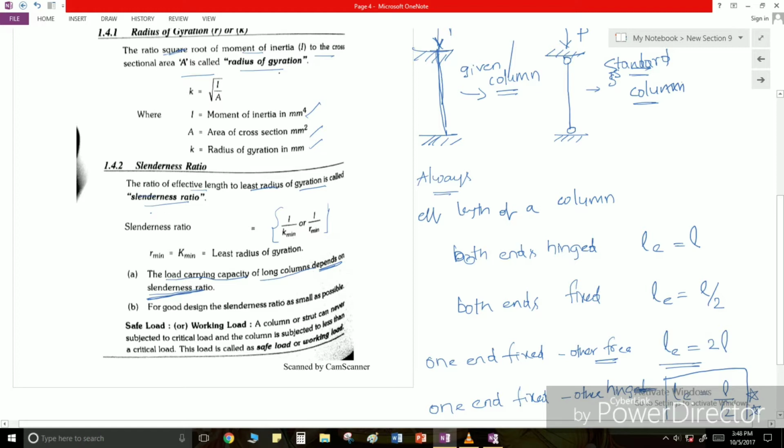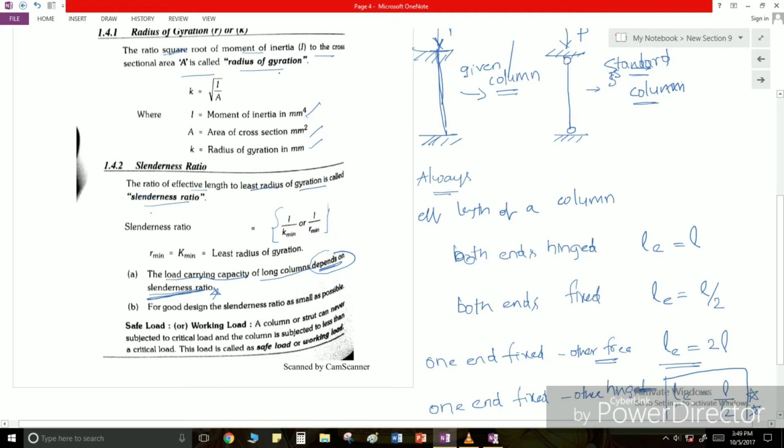Very important: the load carrying capacity of long columns depends upon slenderness ratio. If the slenderness ratio is more and more, then the long column will not carry more load, because it will easily buckle.